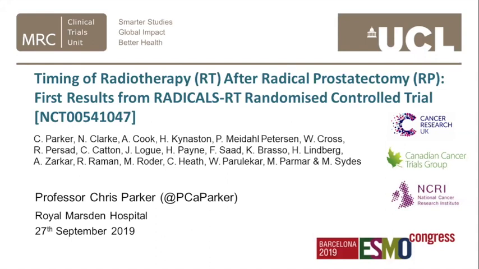So now we're talking about a slightly different group, and just to make it really confusing again for Charles and everyone else, there are so many different options for people right at the beginning when they're first diagnosed. And one of the options is that they get a surgical removal of the prostate rather than brachytherapy or external beam or anything else. But the patient group that we're looking at in this trial are patients who have had a radical prostatectomy. They've had a surgical removal of their prostate gland.